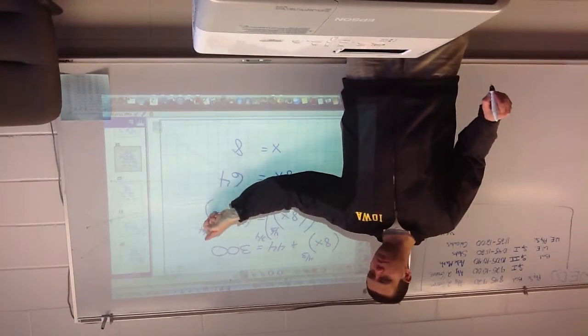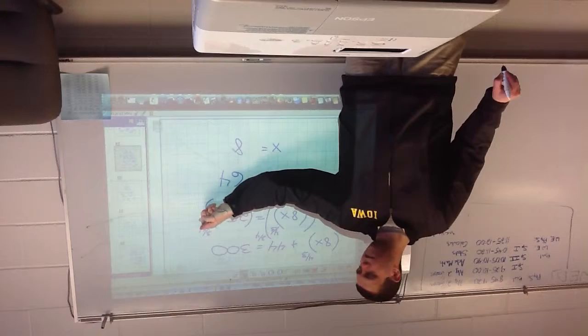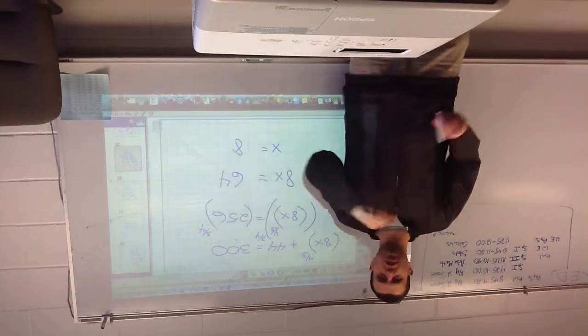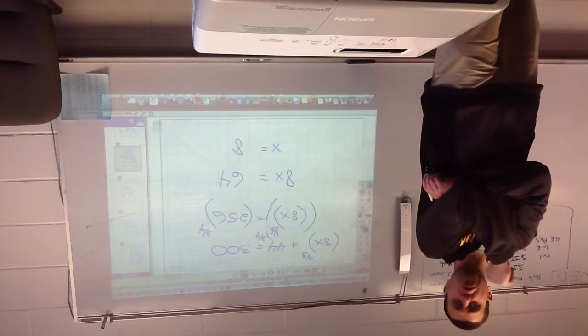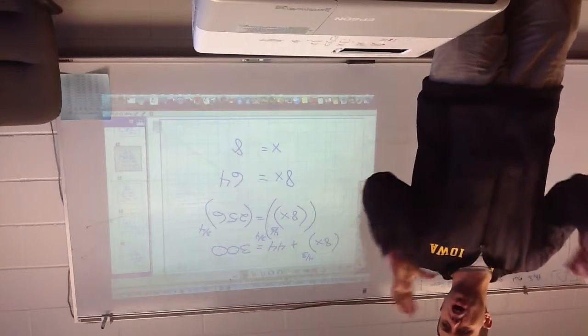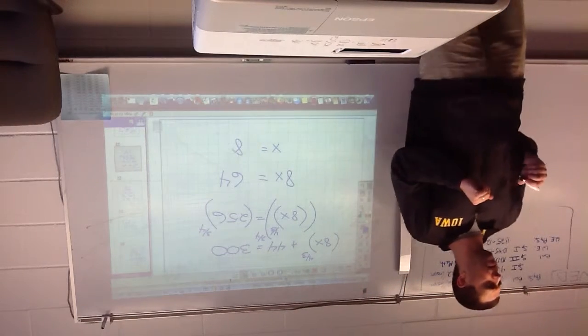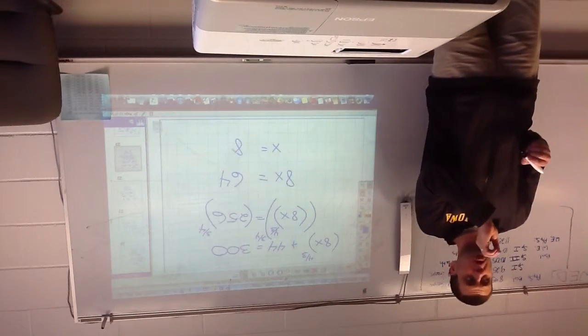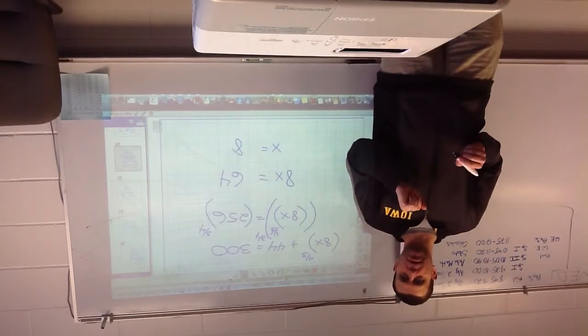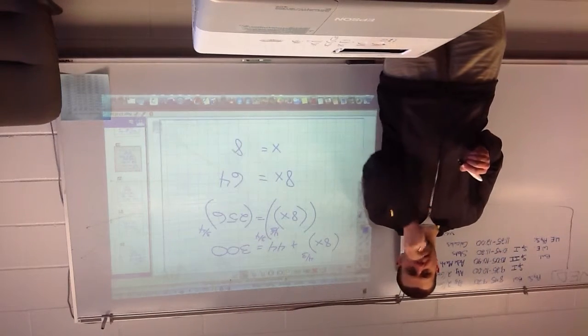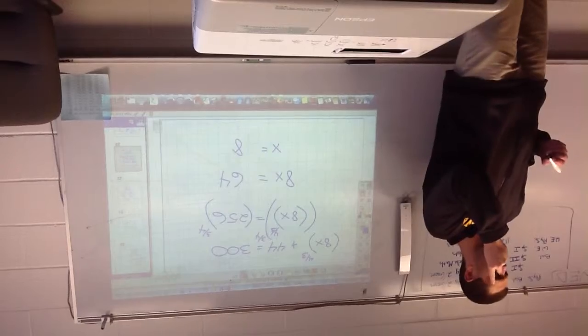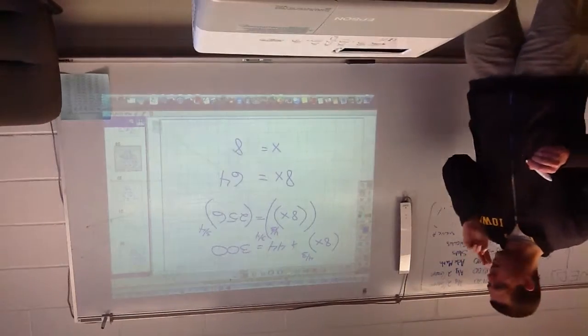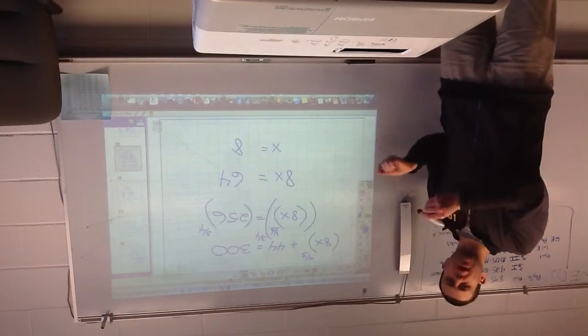Raising something to the 3/4 power is really the 4th root of whatever 256 to the 3rd is. So you're taking the 4th root of a huge positive number. And when you take even roots of positive numbers, how many solutions are there? Two.